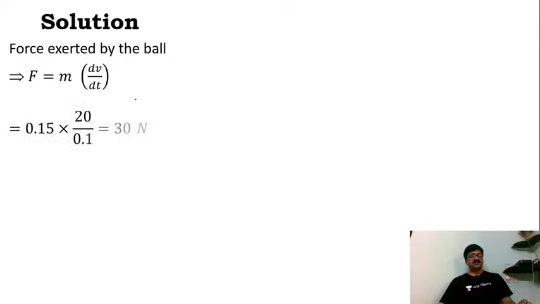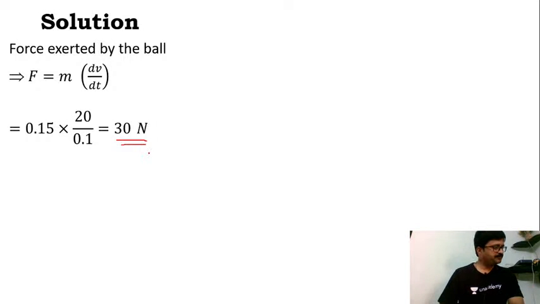So here m is 0.15 kg because 150 gram they have given, dv is 20, dt is 0.1 second. So thus we'll get the answer as 30 Newton here. So this is the answer that we are looking for, right? So this happens to be option B here, is it not?